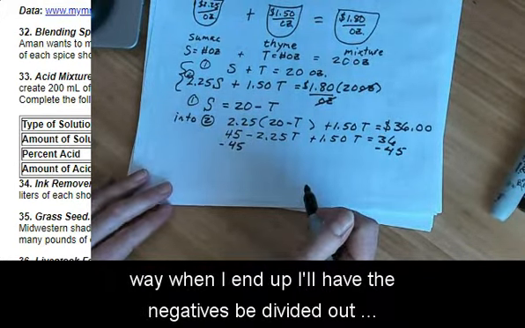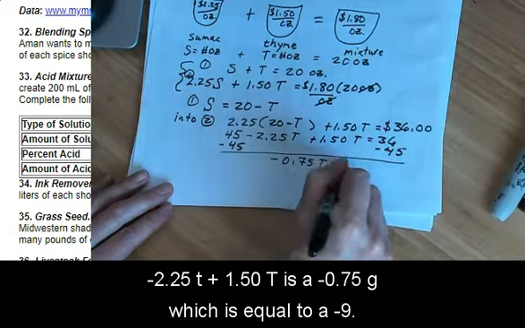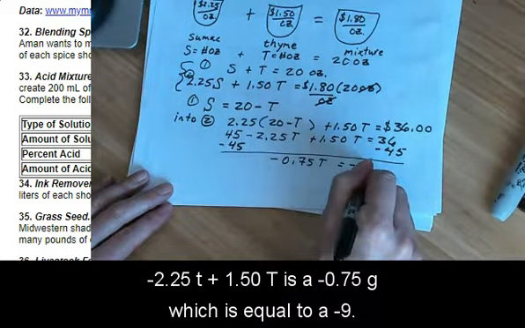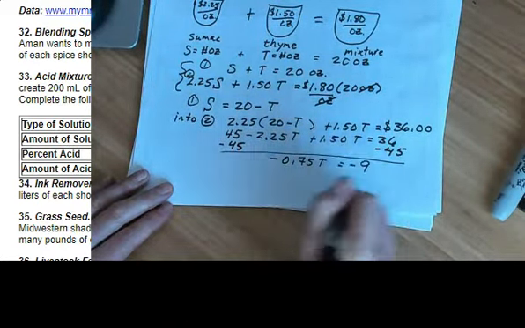So negative 2.25T plus 1.50T is a negative 0.75T, which is equal to a negative 9. And when I divide both sides by negative 0.75, I can come up with the value for the number of ounces of thyme. Thus, T is equal to 12 ounces.